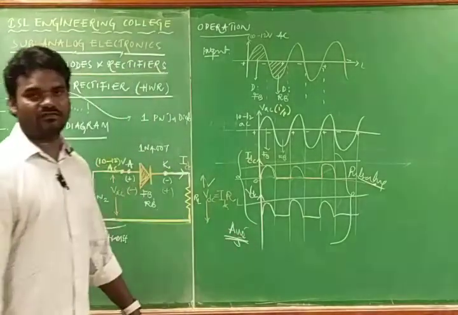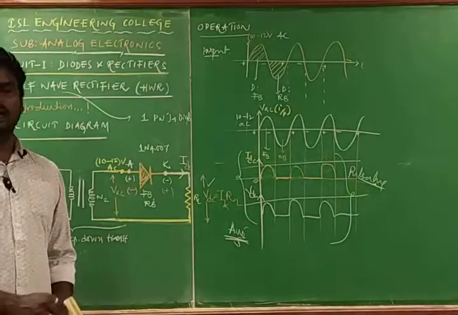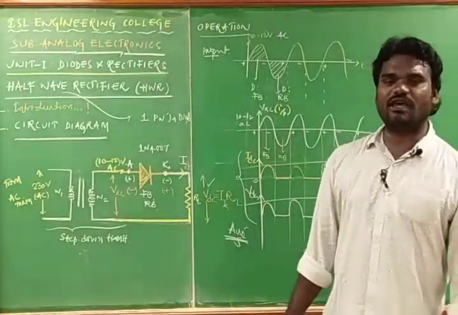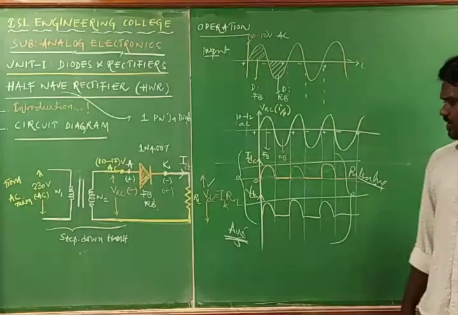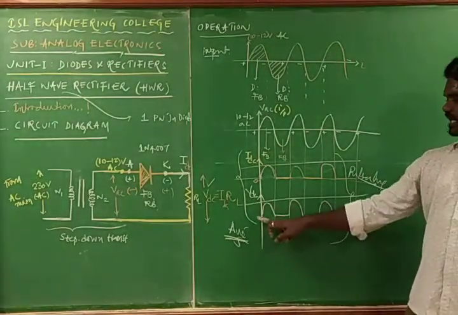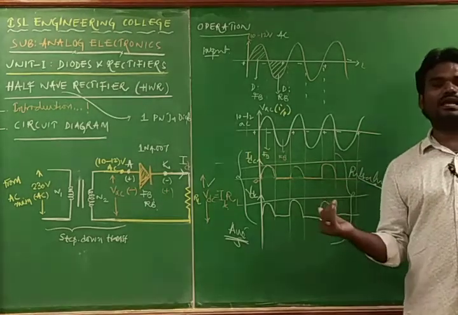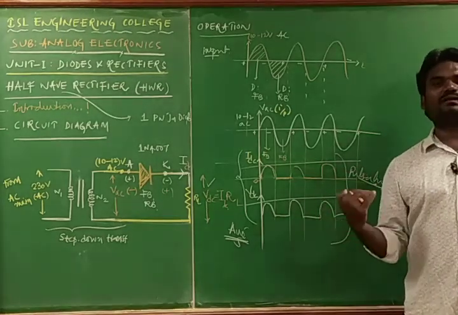The first point we have discussed in the parameters of rectifiers is that DC values are also named average values. It is not pure DC, it varies with respect to time, so we calculate the average value, which is nothing but the DC value.